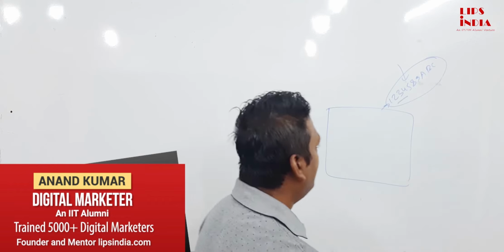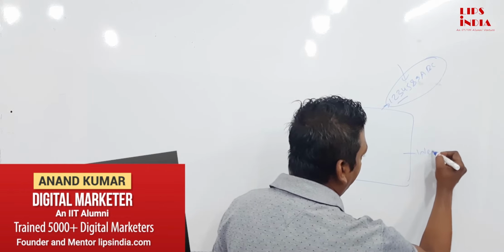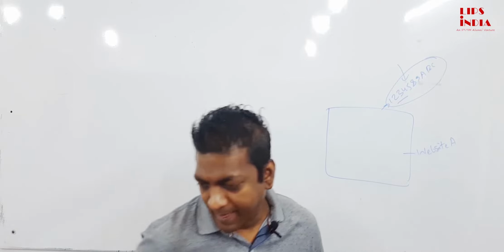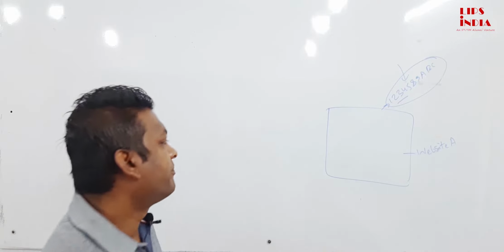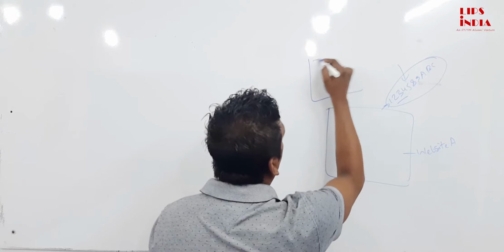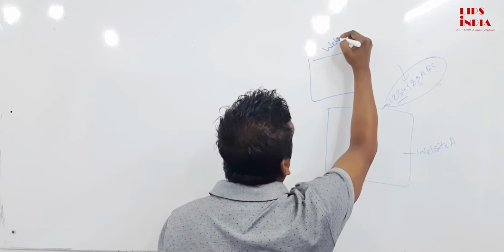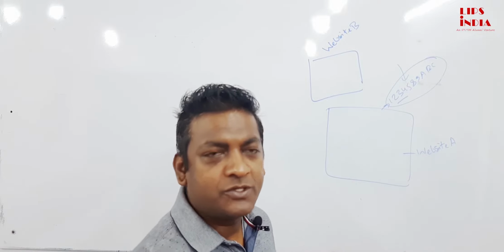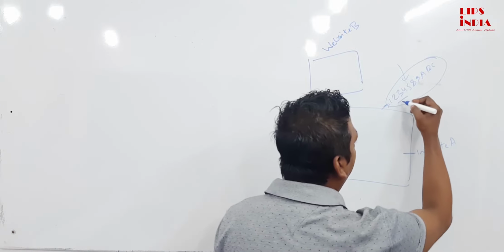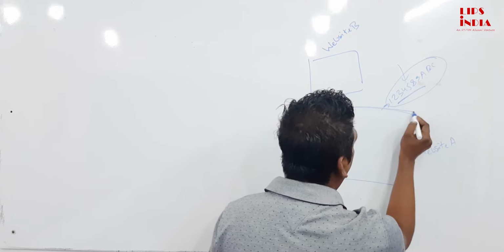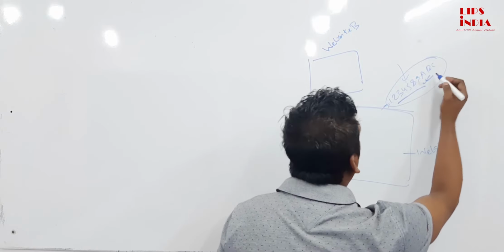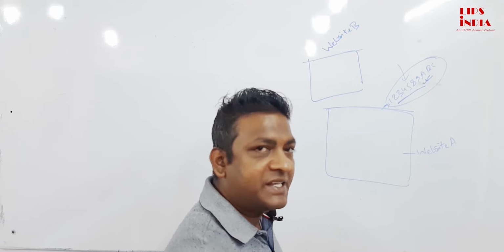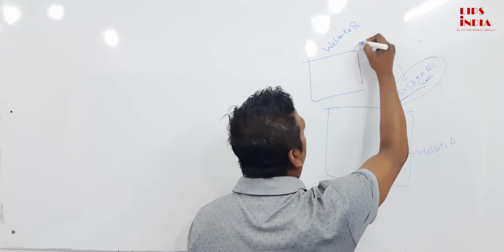So let's say, for example, this is website A and this is website B. Both of these websites use cookies. Website A associates a unique ID with the browser, and website B would also assign a specific ID to the same browser.